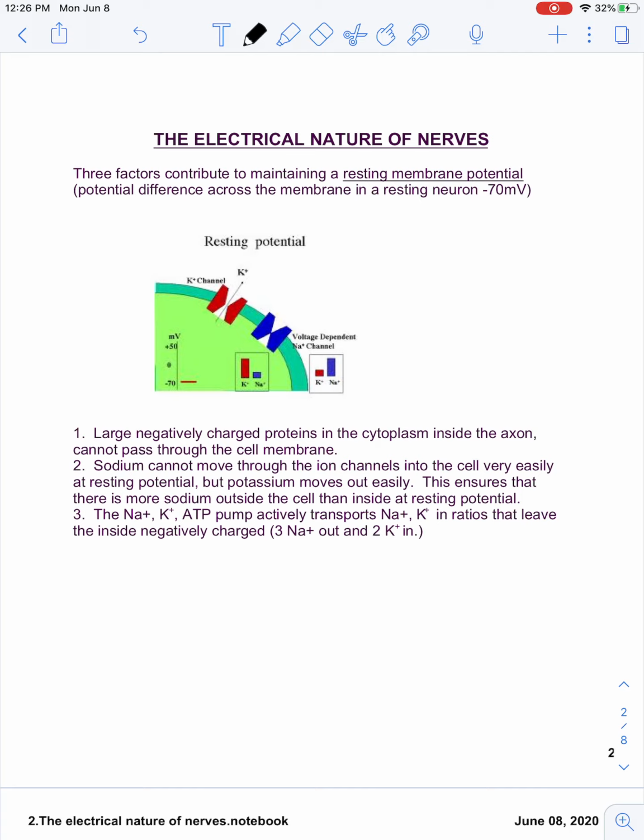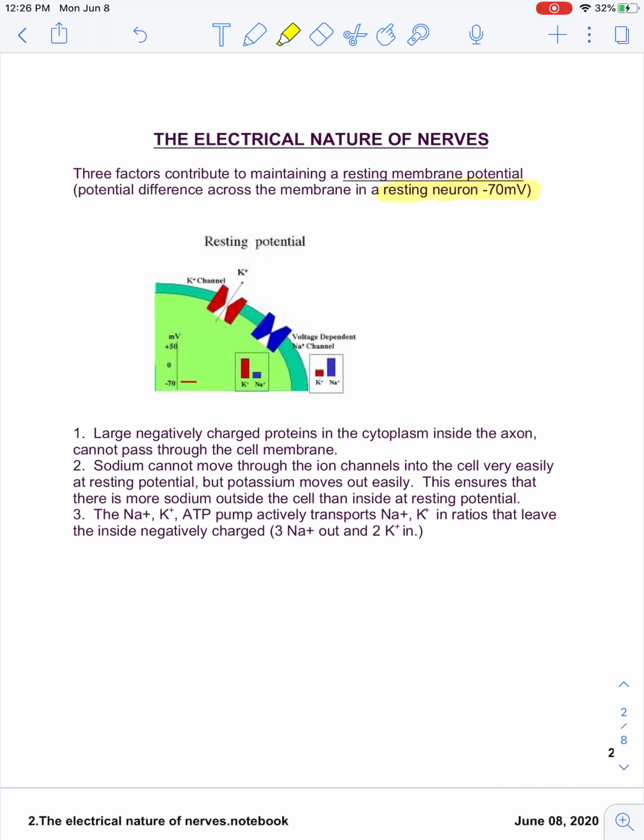So when you have a neuron, there is a voltage that is maintained inside that neuron at all times unless the neuron is conducting electricity. So your neurons sit at a voltage of about negative 70 millivolts. So the inside of the neuron, that's what its voltage is. And there's three things that allow that voltage to be maintained at all times.